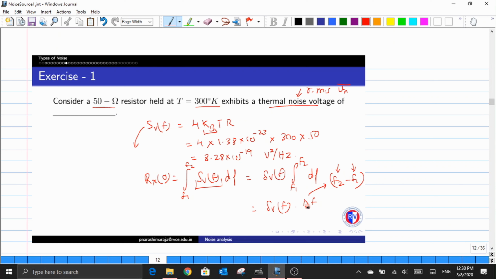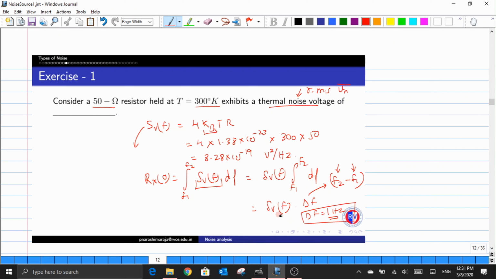One could take the value of delta F to be equal to 1 Hertz. Whenever we are being asked for thermal noise voltage, and if there is no specific frequency band that is specified, then one has to compute the variance where the frequency band delta F is always considered as 1 Hertz.